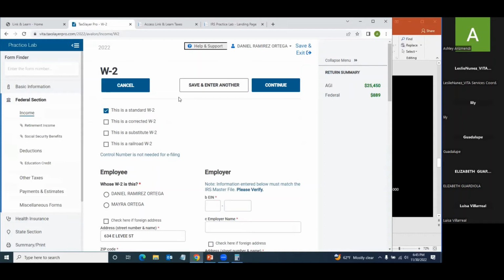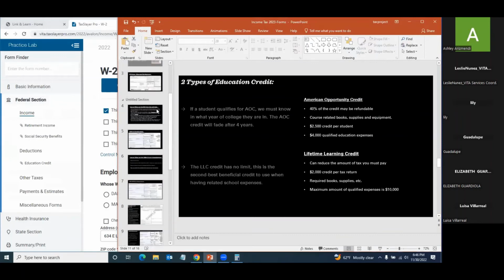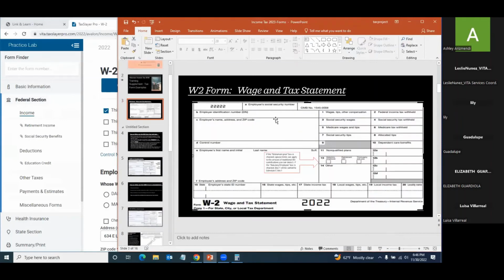To see if that changes anything. We all know what the W-2 form looks like, right? It's this one that we went over yesterday. Yes. Okay. Can somebody mute their thing?